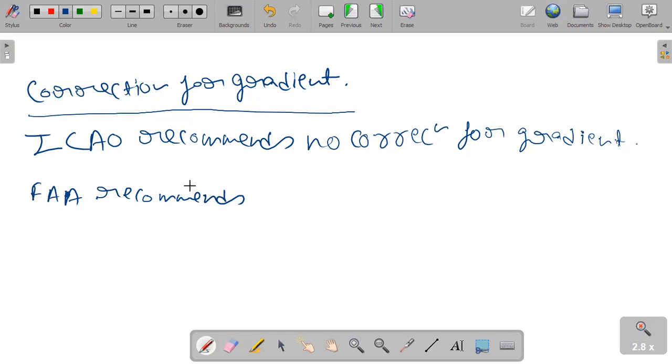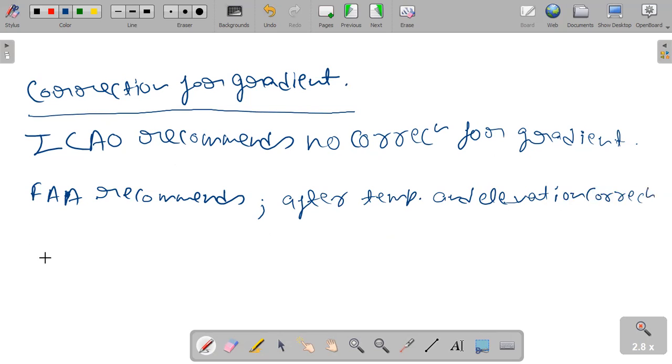FAA recommends that after temperature and elevation correction, basic runway length should be increased by the rate of 20% for every 1% of effective gradient.